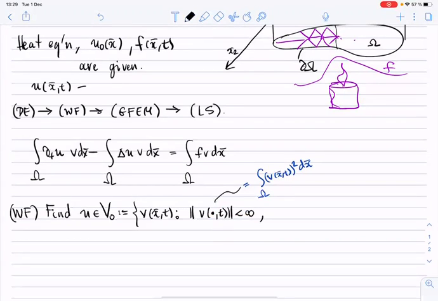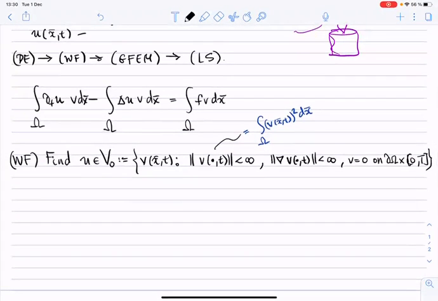And we also require that the gradient of this function v(·,t) is square integrable. And in addition, we require that it is equal to 0 on the boundary of omega times (0,T). So I include the boundary condition as well.